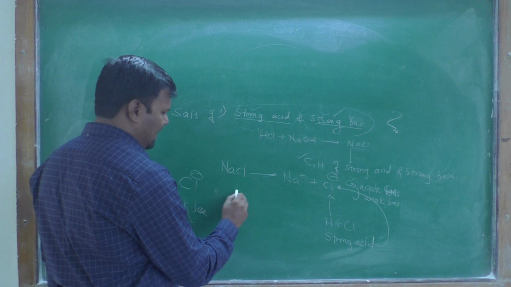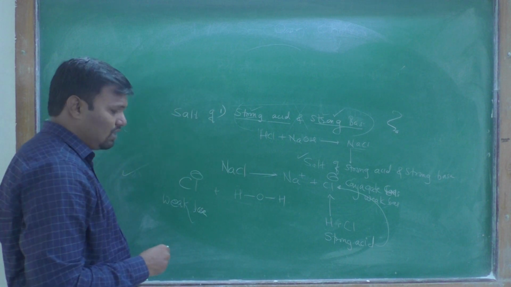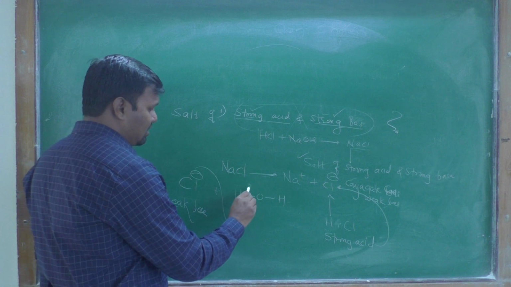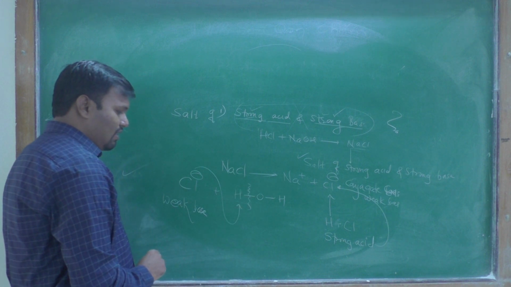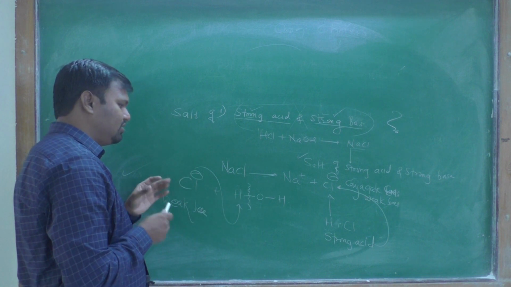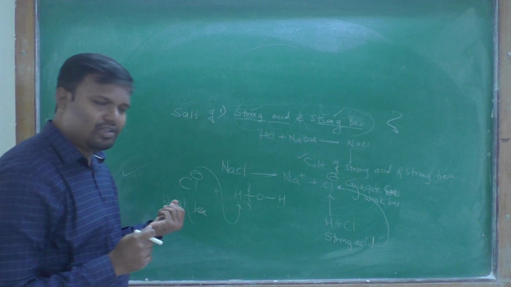Therefore, when you add this base in water, it has to remove the H plus ion, but since it is weak, it is difficult to take the H plus ion. If it is strong, then it takes the H plus ion easily.